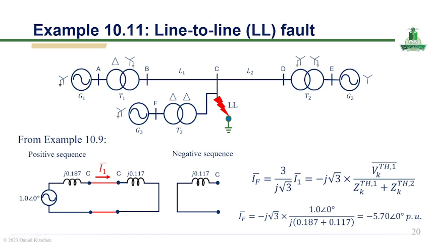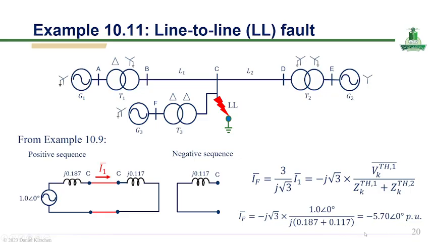Using the relationship between sequence currents and fault current, the expression for the fault current is obtained as this equation. So substituting the numerical values into this formula, we can find the final result.